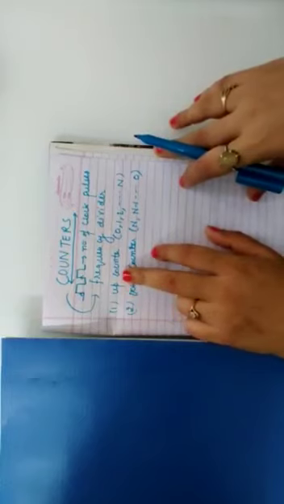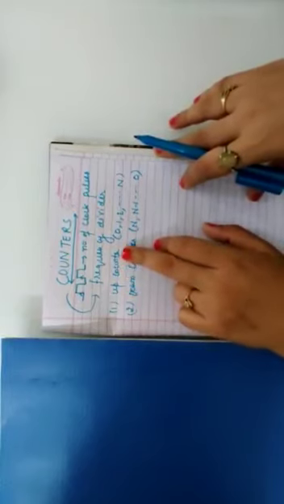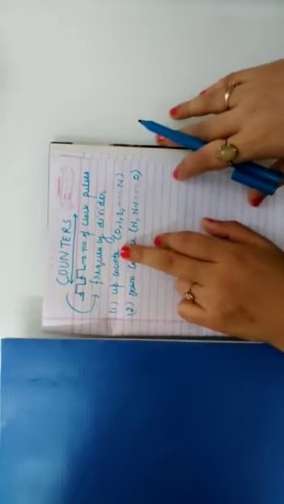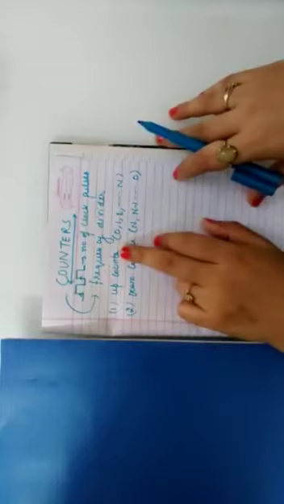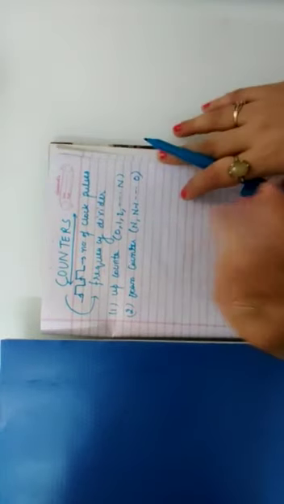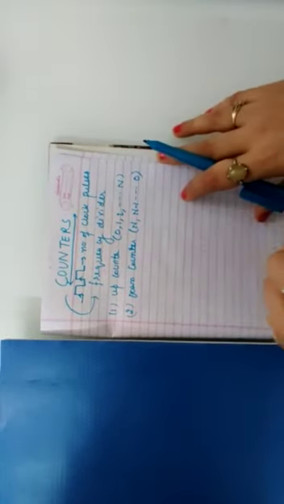Now we can see the application of up counters in our daily life. We have all seen the EVM machines and the software that we see when we go to a shopping mall. For example, when we buy some product and go to the cash counter, we can see the software that the cashier deals with.